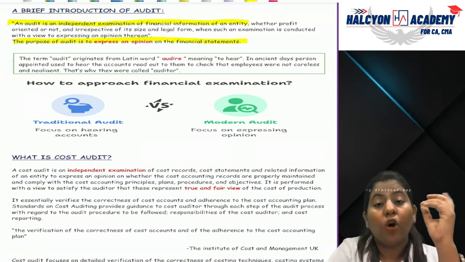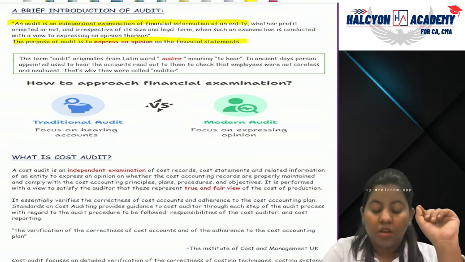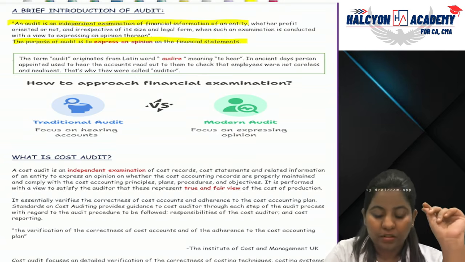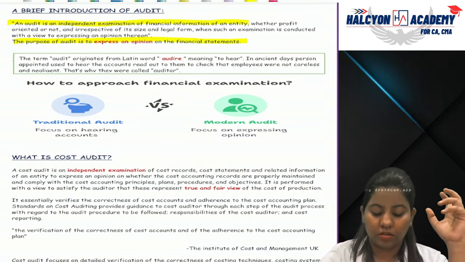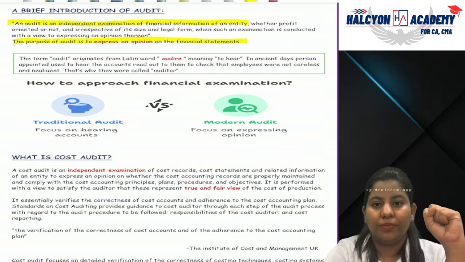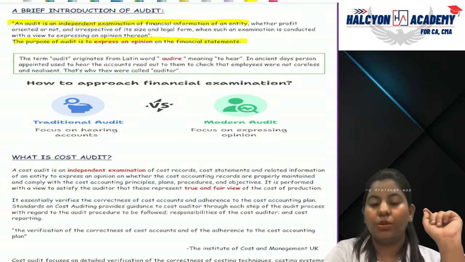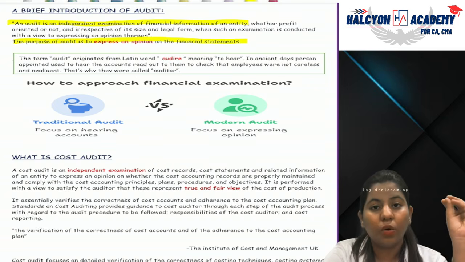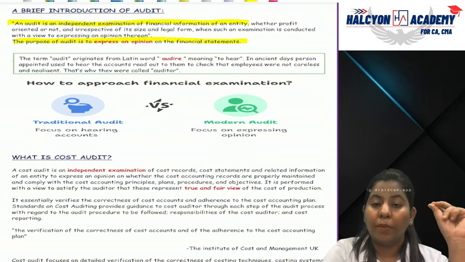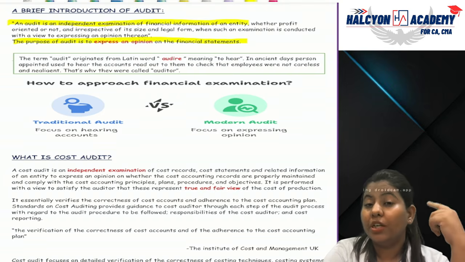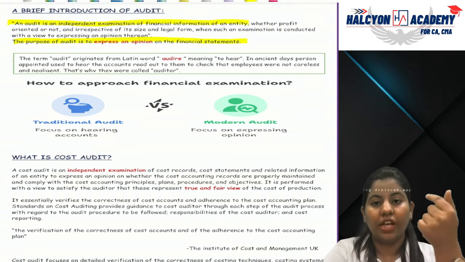Now, why was it originated from audire? See, in ancient days, what happened? One trusted, responsible person was appointed by the entity to hear the accounts, which were read out loud in public, and that person used to hear those accounts and tried to figure out the mistakes in the financial statements.